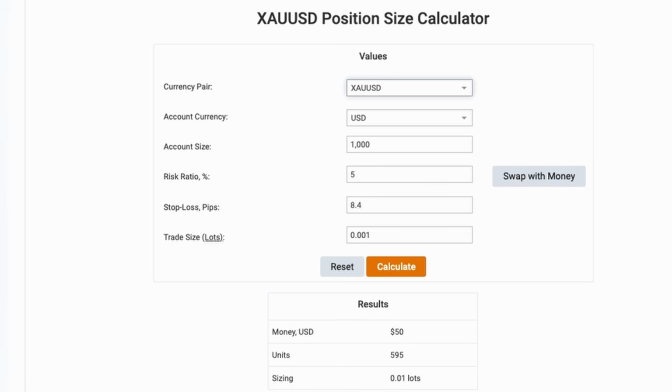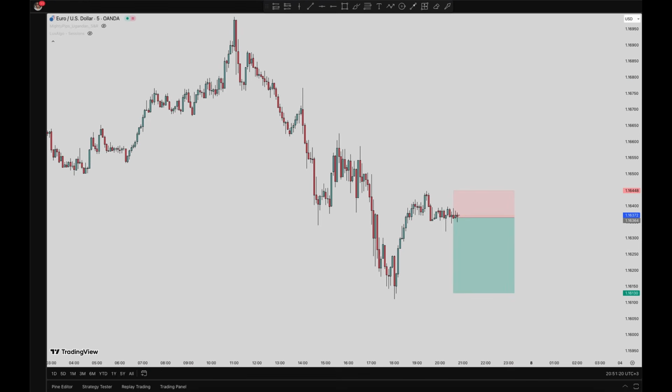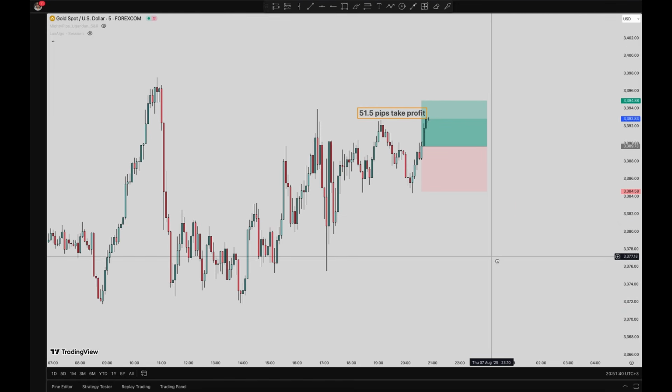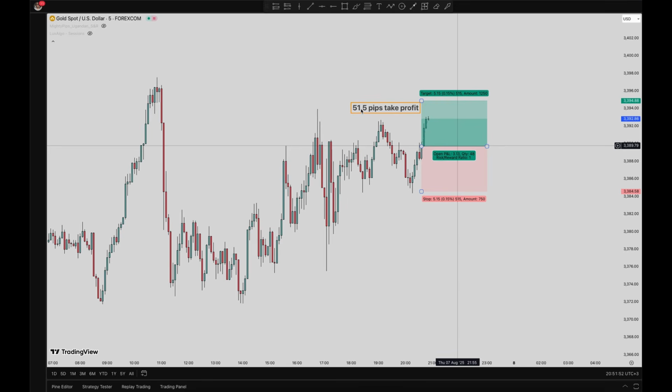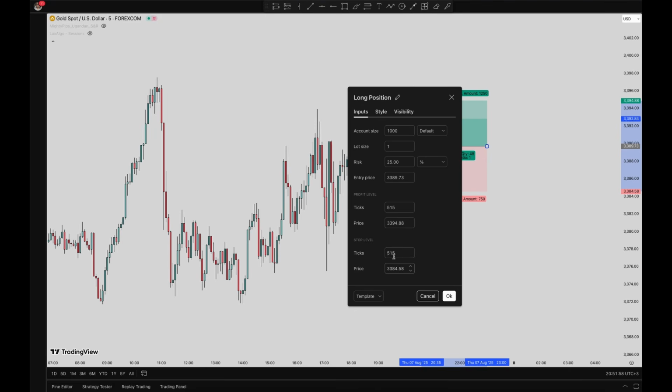Let's go back here and look at gold, how we would calculate lot size for gold. Our example trade is actually running into profit, but that was just a fluke. Don't mind it. So here we had 51.5 pips, which is the stop loss, as you can see here. That is this 515 divided by 10.